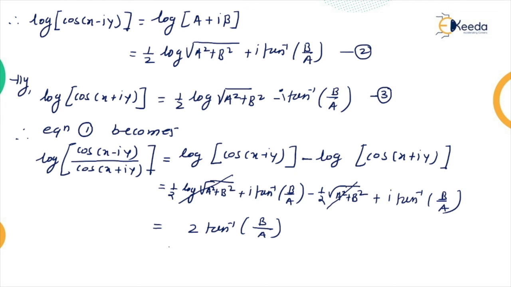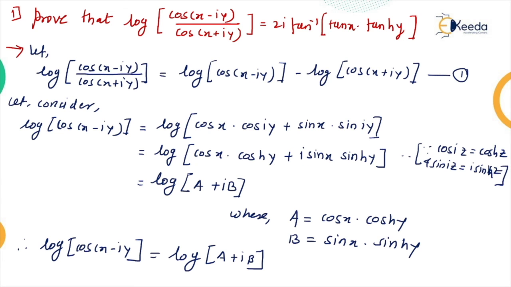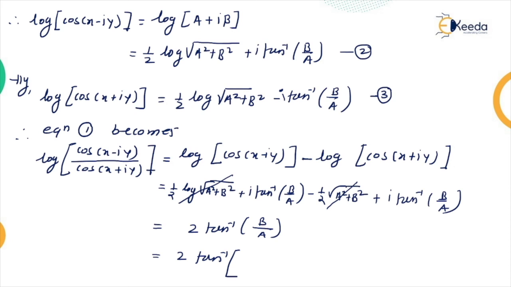But this is not actually the RHS, so I am taking again 2i into tan inverse of b by a. Let us see what the values of a and b are. a is cos x cos hyperbolic y, and b is sin x sin hyperbolic y.